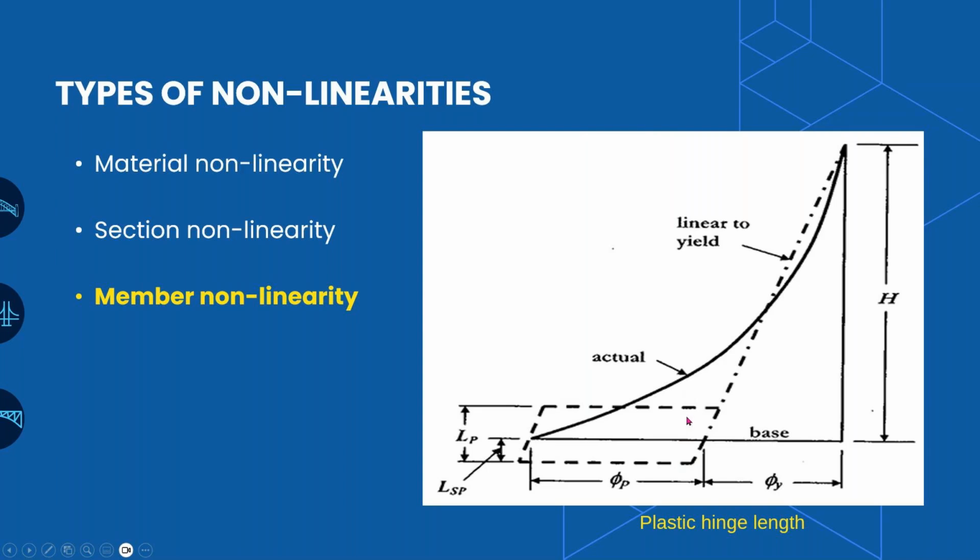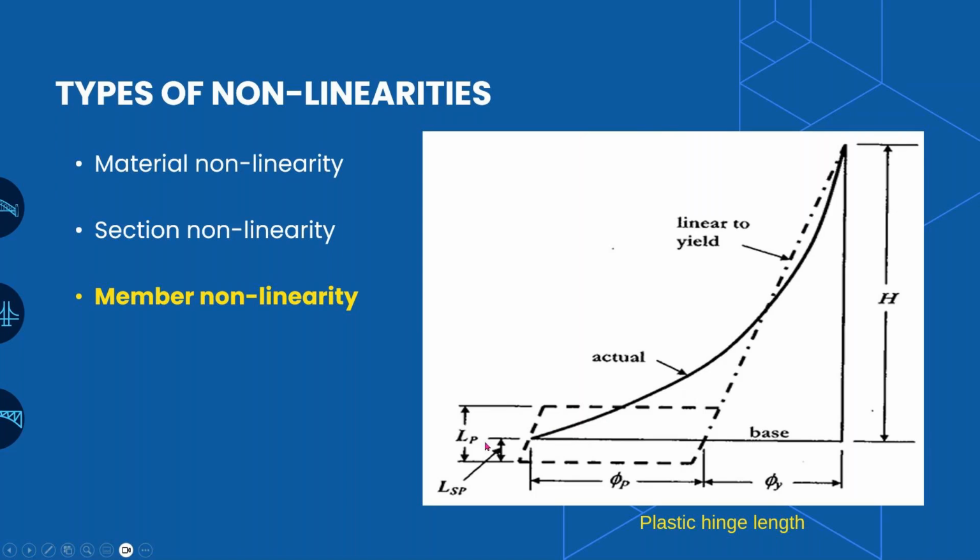Researchers have calculated the plastic hinge length LP by checking the data obtained from past earthquakes, and by applying a quasi-permanent type of load at the top of the pier in an experimental laboratory, we compute the plastic hinge length LP.